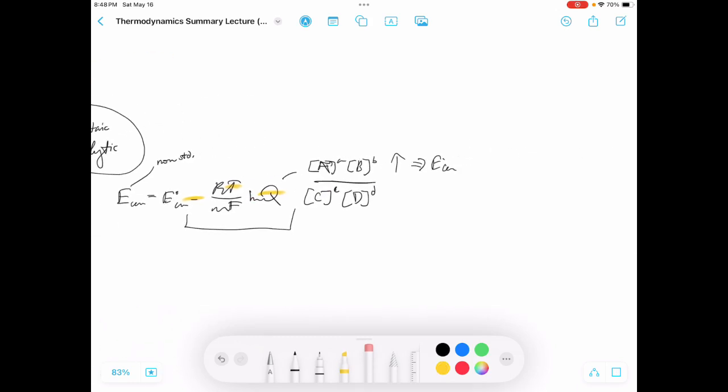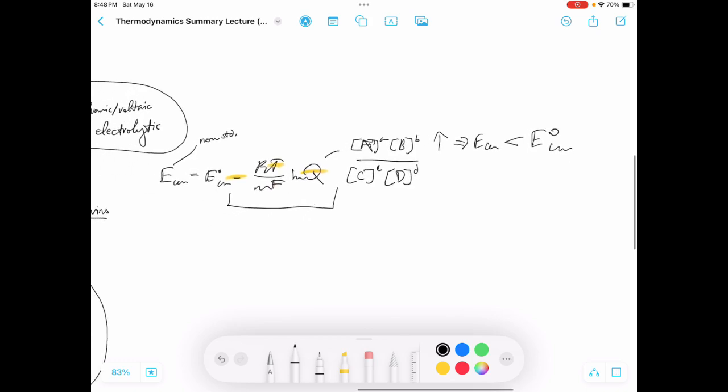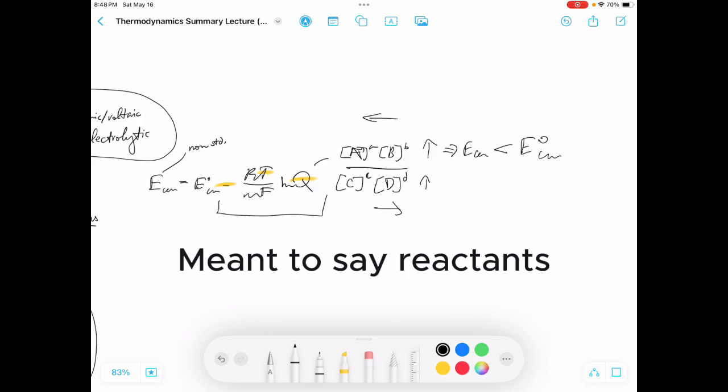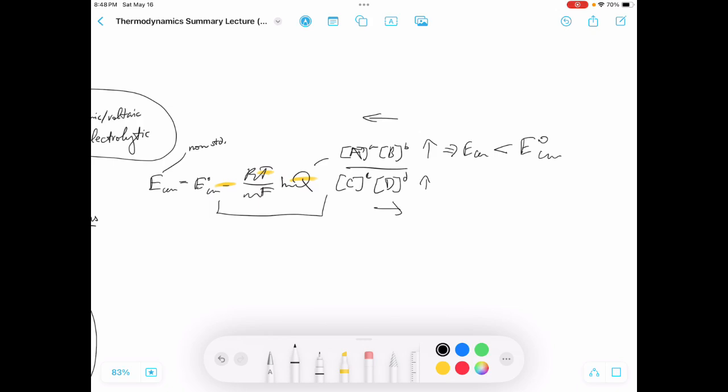So E cell is going to be less than E naught cell. Because if you think about it from a Le Chatelier's principle, that reaction is going to go backwards. Now, if you increase the reactants, that reaction is going to go forwards. They're going to be reacted away. If you think about it from a mathematical sense, this term is going to be smaller.